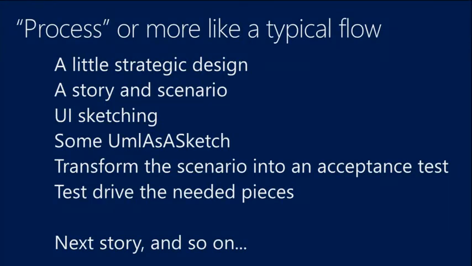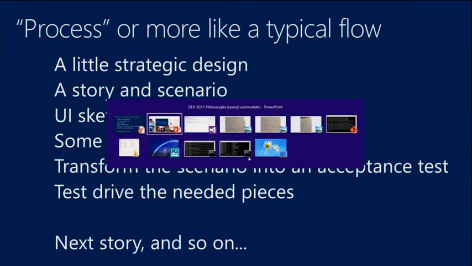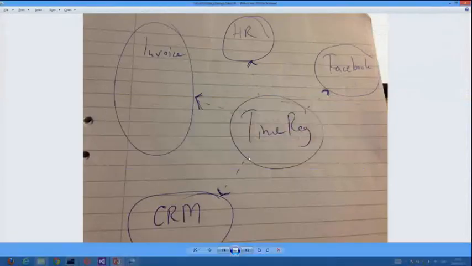First of all, some strategic design. This is not about big design up front. This is just about a little sketch for thinking about the situation here. So I put the time registration bounded context that I started to develop here in the middle, and it has dependencies to Facebook, for example.